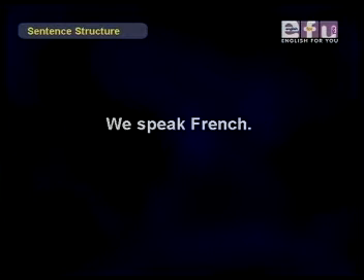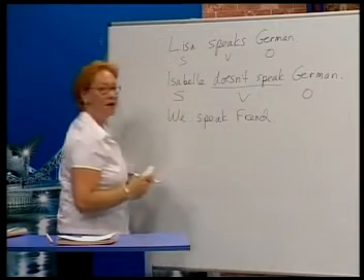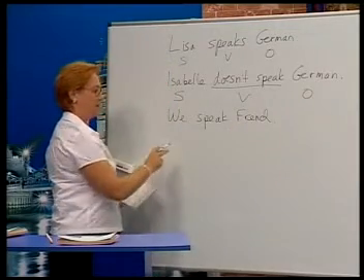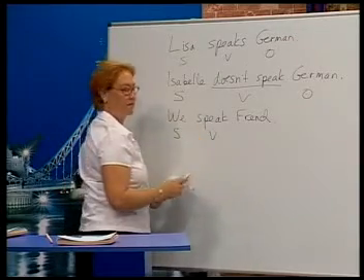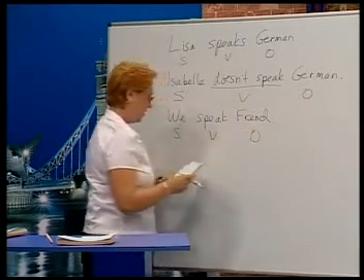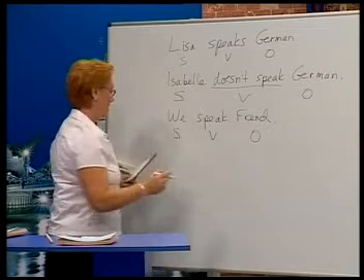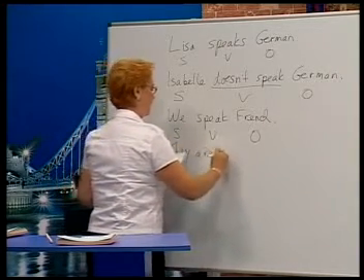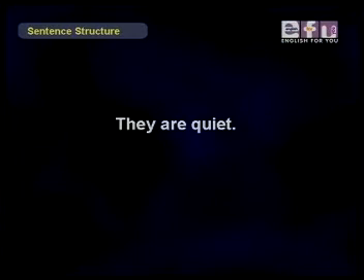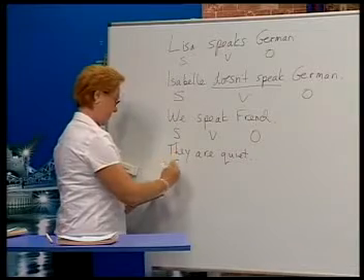Okay, one more. We speak French. Okay, Ali, you tell me the parts of the sentence. We is the subject. Speak is the verb. French is the object. Yes, very good. Now, Lisa, here's another one. They is the subject.